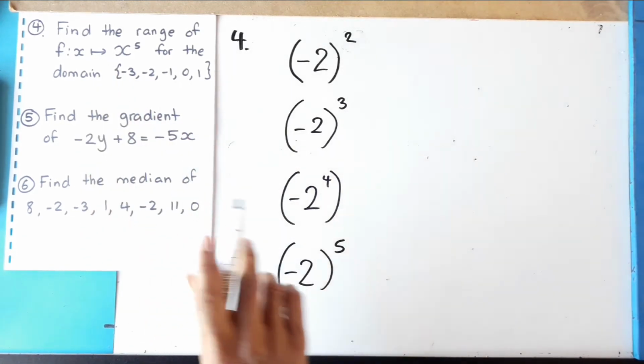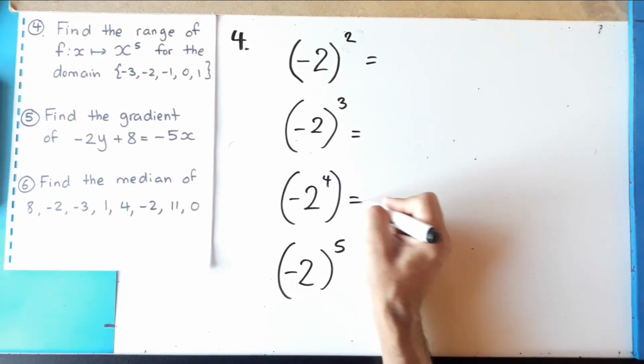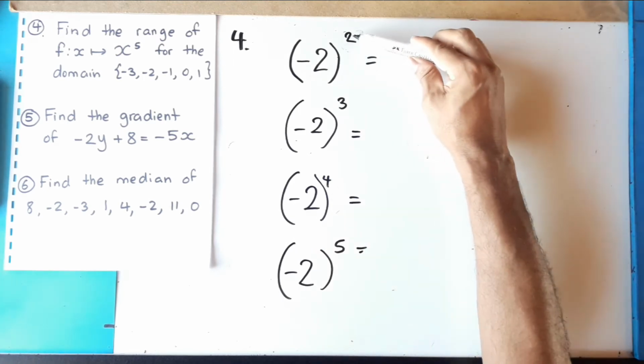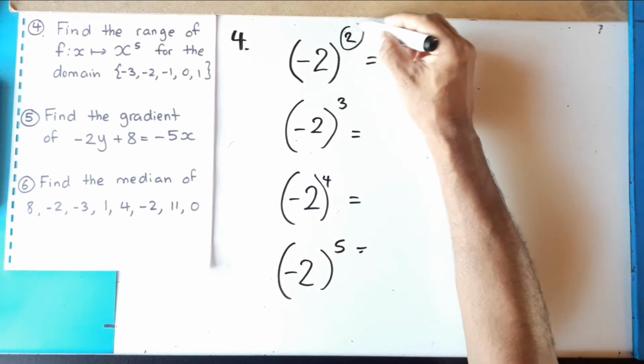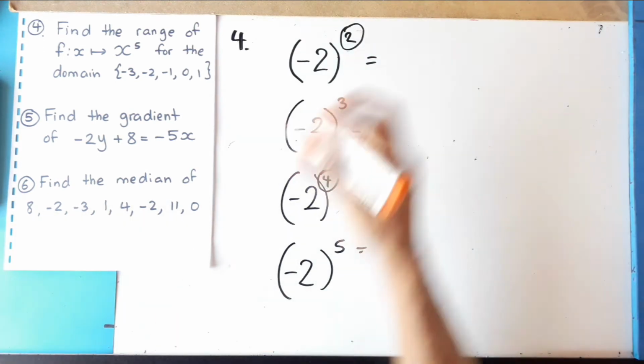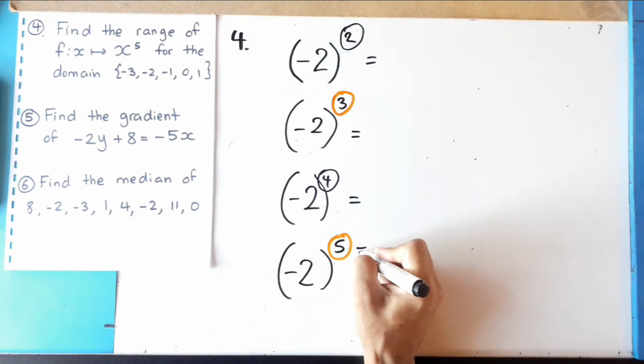I know the question, but I'll get to it. I just want to point out something with regards to the powers. You notice some of the powers are even numbers, like 2 is an even number and 4 is an even number. But 3 and 5 are odd numbers.